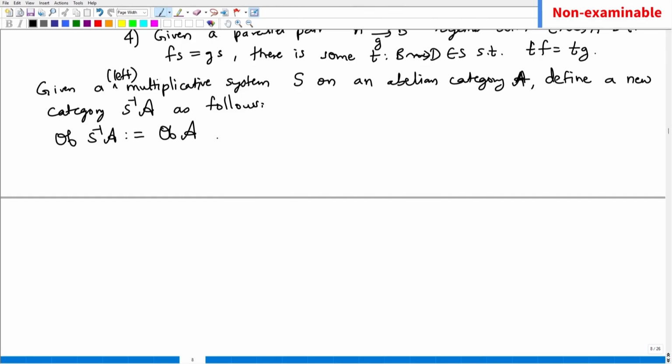Now morphisms. Morphisms in S inverse A between A and B are diagrams of this kind. A sink. Sorry, this should be C.